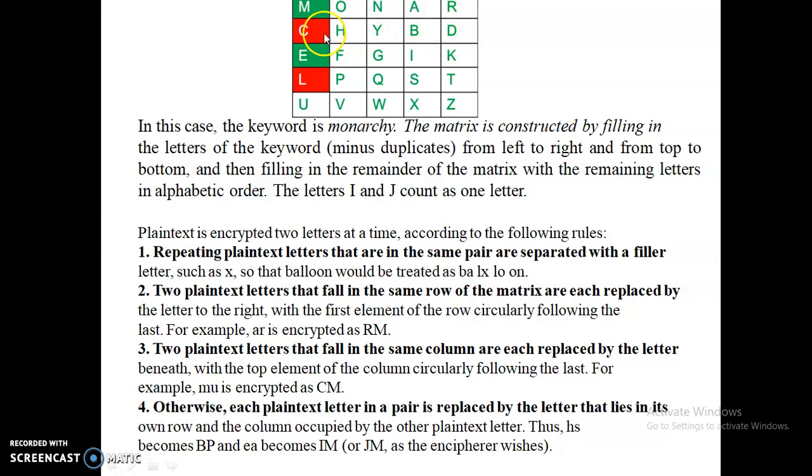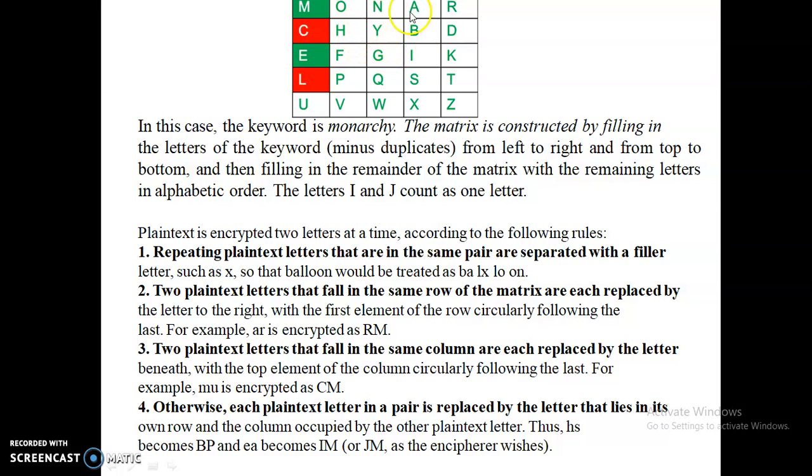For example, after the keyword monarchy, you start from the letter A, but A is already placed in the keyword, so you need not put A again, and then you place B here. After B, letter C will come, but C is already present in the keyword, so skip that and place D here. And then after D, E, F, G, and then H. H is in the keyword monarchy, so you need not place H here.